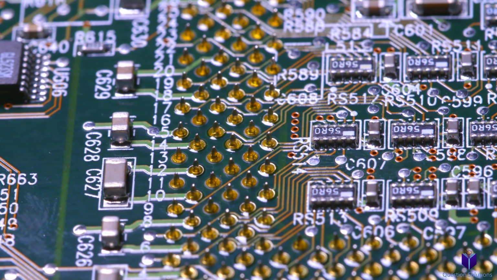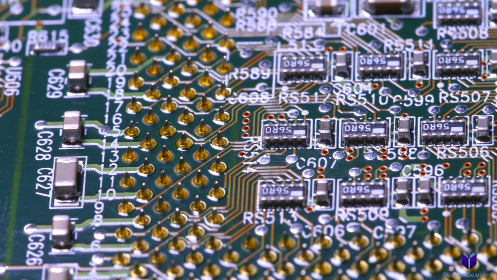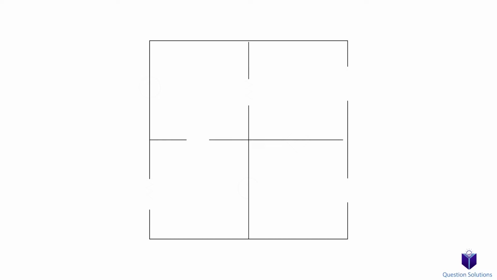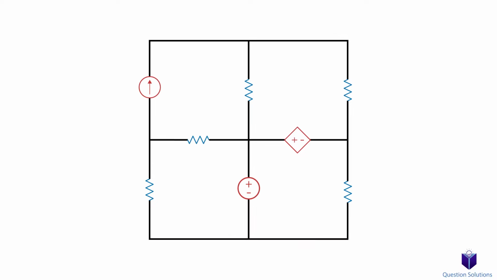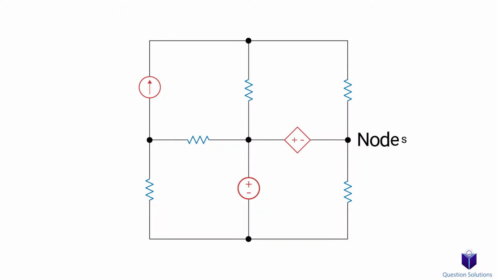But before that, we need to discuss a few basic things about a circuit. Here is a big circuit. These black lines are called conductors, and we assume them to be perfect. In simple terms, these wires have 0 resistance, which means the energy in the circuit is in each element. These points here are called nodes.